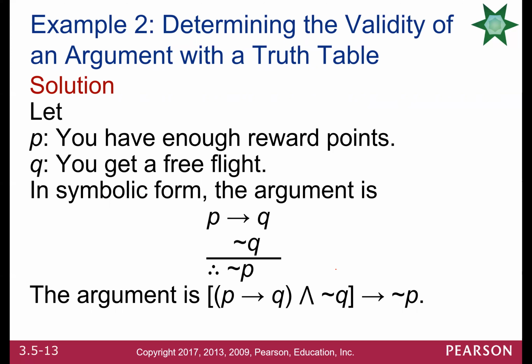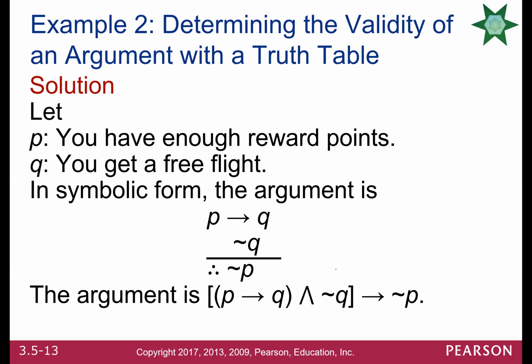So our second premise is not Q. And our conclusion from our argument was that you do not have enough reward points. So it's the negation of P. So our argument is in the form: if P, then Q, and not Q, therefore not P. So symbolically, that would be, in brackets, the conditional if P, then Q, and not Q, and then the conditional, then not P. So therefore not P.